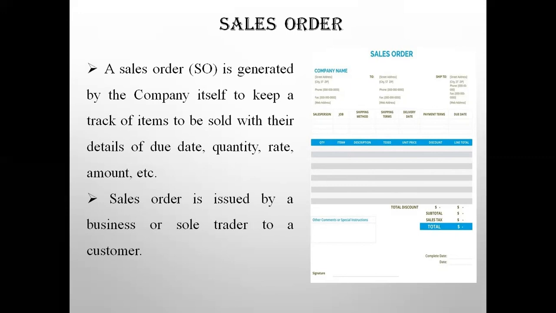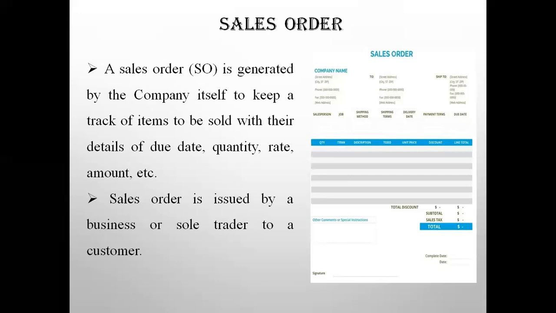Given the wide variety of businesses, the orders can be fulfilled in several ways. This is also a non-accounting inventory voucher. A sales order should record the customer's originating purchase order, which is an external document. So sales order is an order placed by a customer for the delivery of specified goods at a given price.